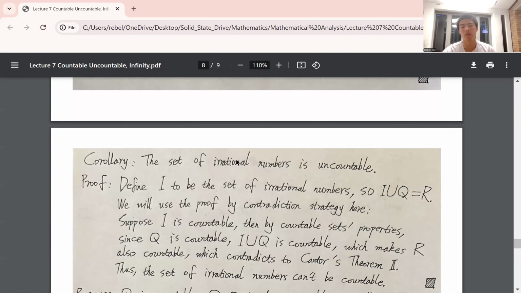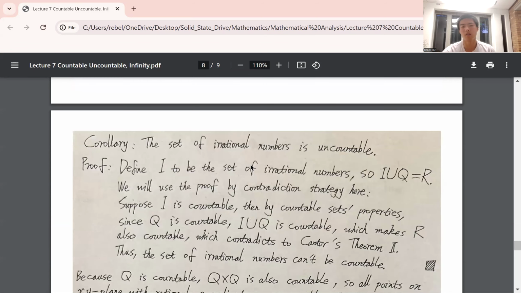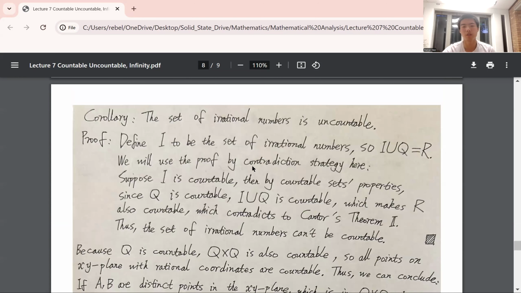And the corollary of that is that the set of irrational numbers is uncountable. This is very easy to prove, and the main idea is proof by contradiction. Let I be the set of irrational numbers, and suppose it is countable. Rationals and irrationals are disjoint, and by the previous result, probably on page 4 or 5, the union of two disjoint countable sets is always countable.